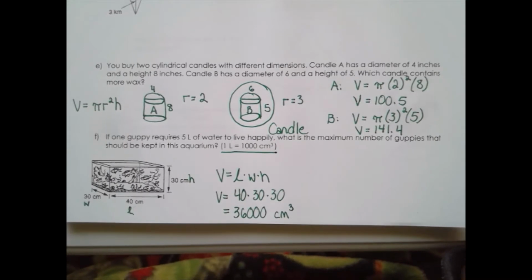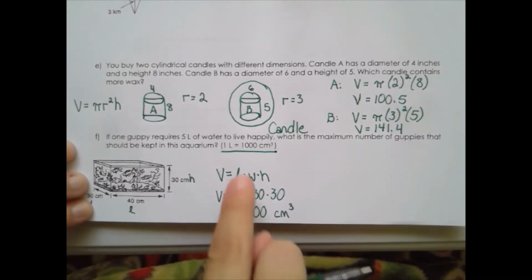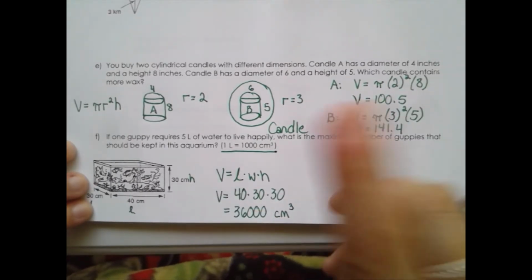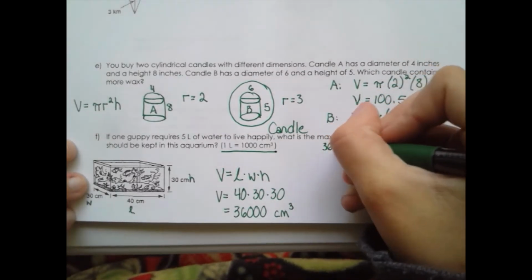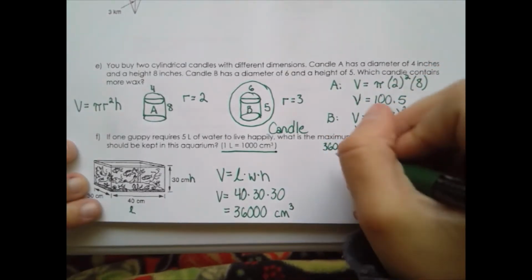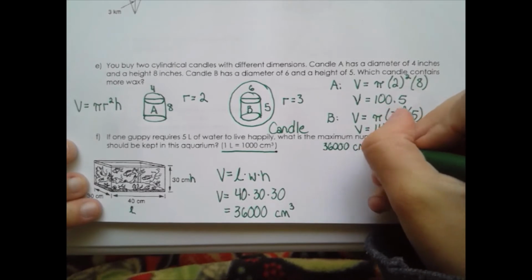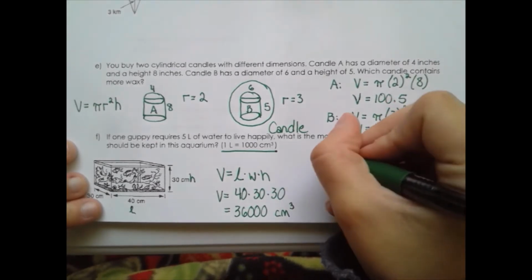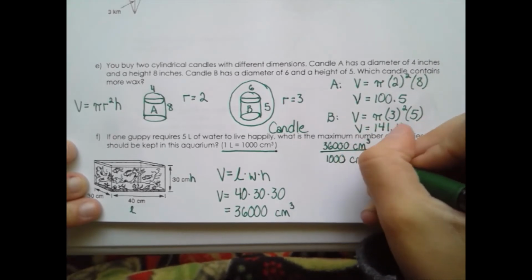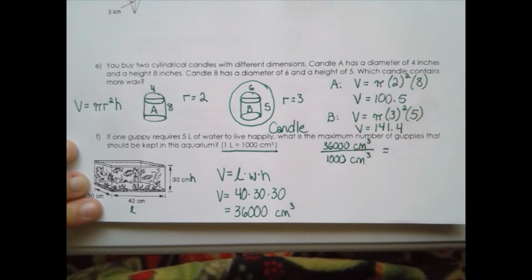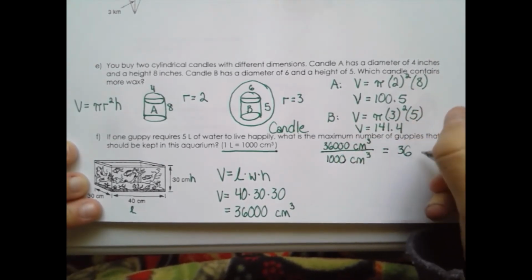So to go from centimeters to liters, we're going to have to divide by 1,000. So there's 1,000 cubic centimeters in 1 liter. So we're going to do 36,000 divided by 1,000 centimeters cubed. And that tells us that we have 36 liters.